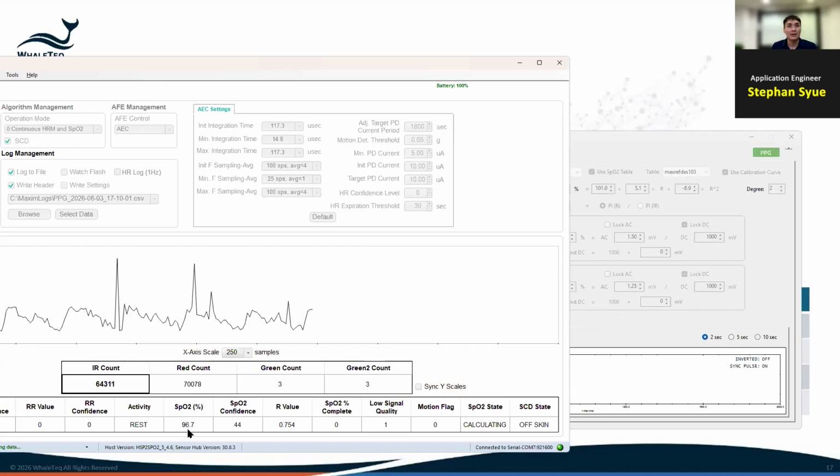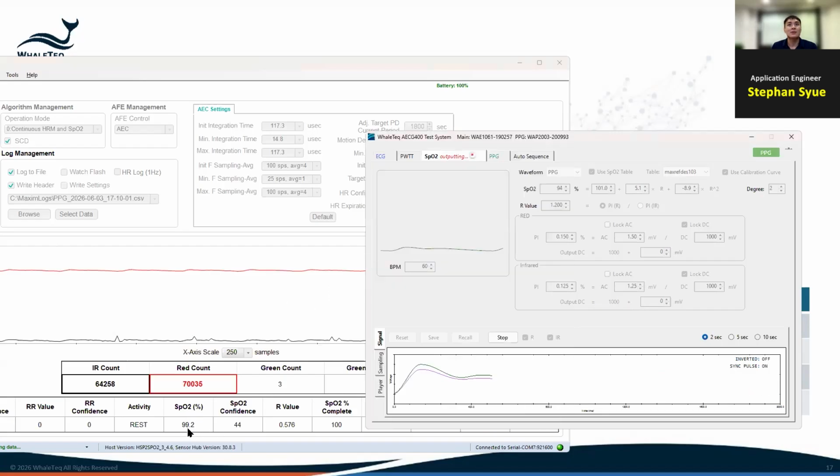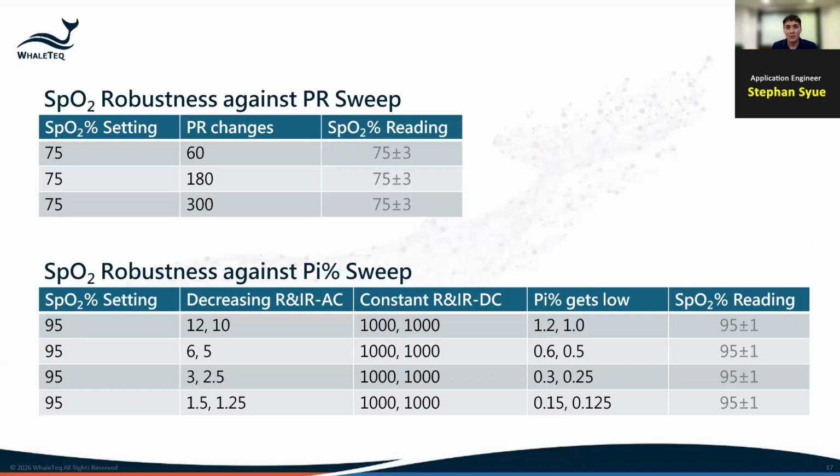But now the SpO₂ starts performing unexpectedly. So this is where we can discover if the SpO₂ reading is robust enough against the PI sweeps. We can also define the range of the sweeps and characterize this index. All right, that wraps up the demo.